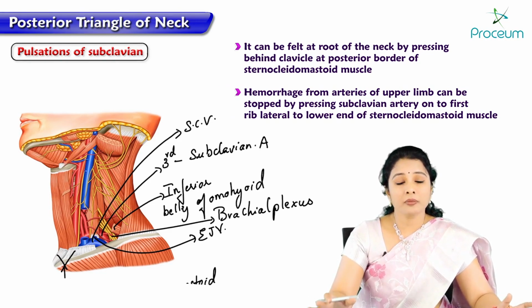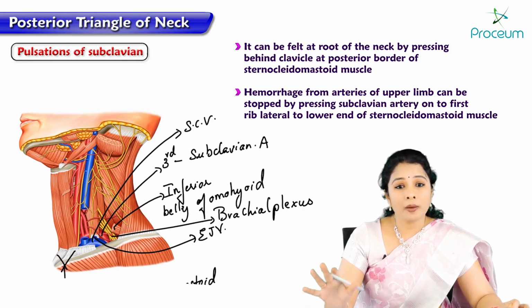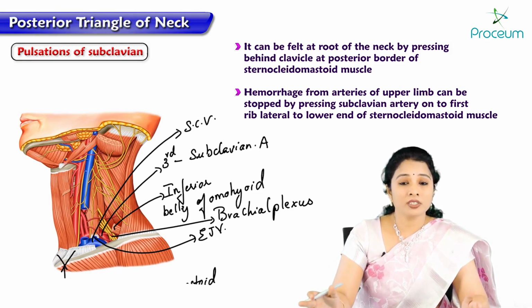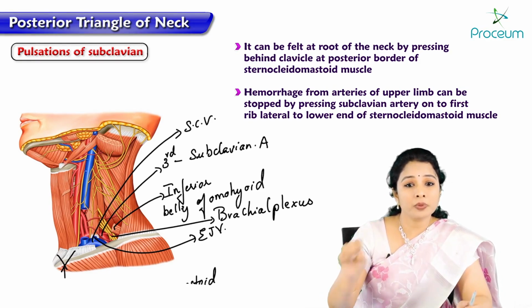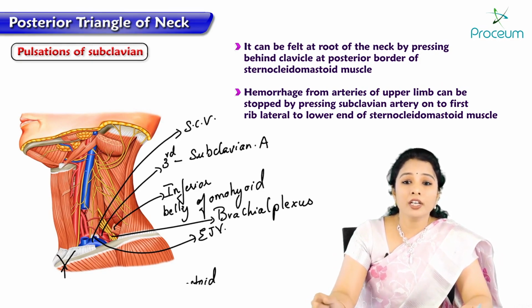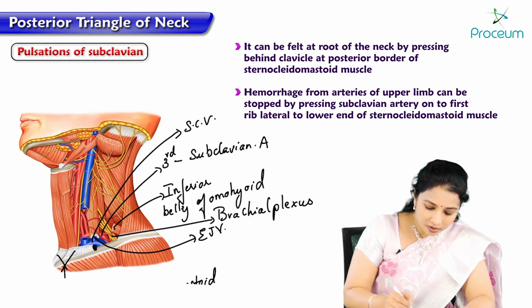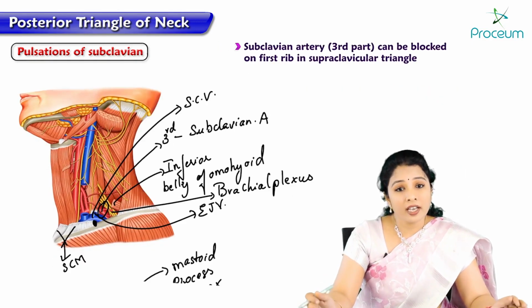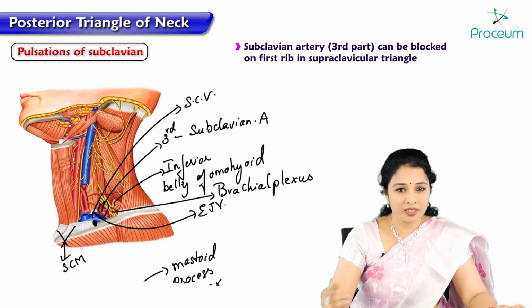So the hemorrhage can be stopped or reduced by applying pressure over the subclavian artery in the subclavian triangle, which lies onto the first rib. So the subclavian artery is pressed against the first rib lateral to the lower end of sternocleidomastoid muscle. So this is the lateral end of sternocleidomastoid. Subclavian artery is located here. The subclavian artery can be compressed against the first rib in the supraclavicular triangle or subclavian triangle.